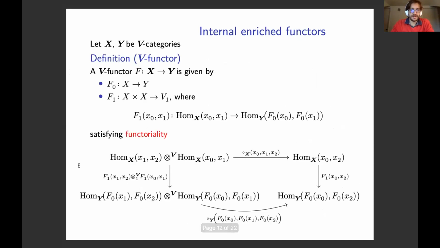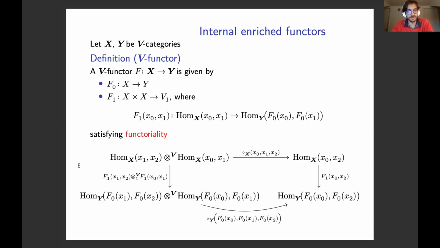And of course, we can define functors as expected, given by an action on objects and an action on morphisms, where the action on morphisms acts on the hom sets of the source and target category, and this has to satisfy the functoriality axioms.